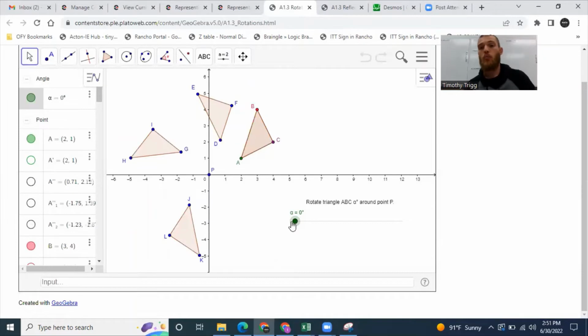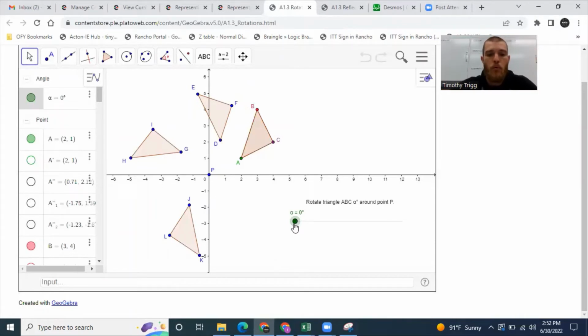In this one's case, we're using point P, which is at 0, 0, as the center of rotation. Now, this is actually the most common type of rotation. Usually we rotate around the origin, 0, 0. And this is one of those cases.